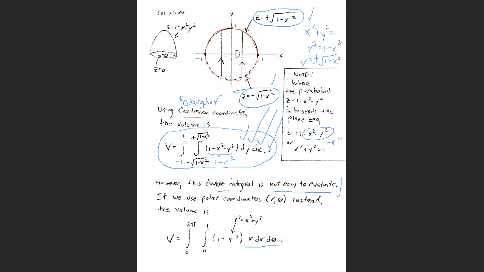Now my limits on the radius are 0 to 1. Above there, I have a circle of radius 1. All the polar coordinates inside that circle would have a radius from 0 to 1, and all the points inside this circle would have angles that vary between 0 and 2 pi.